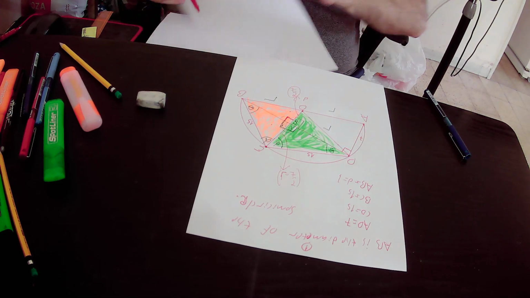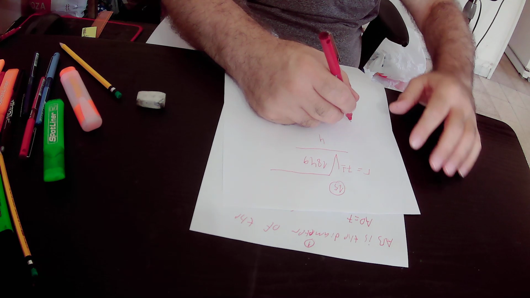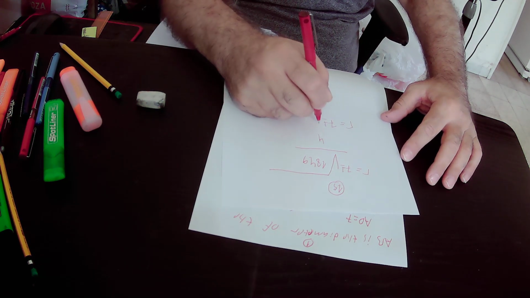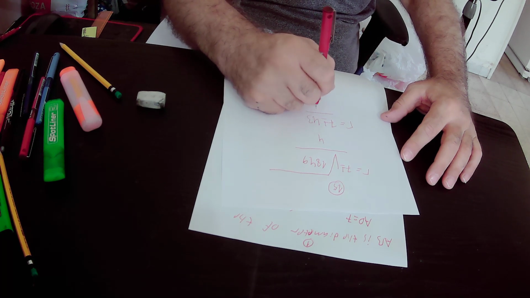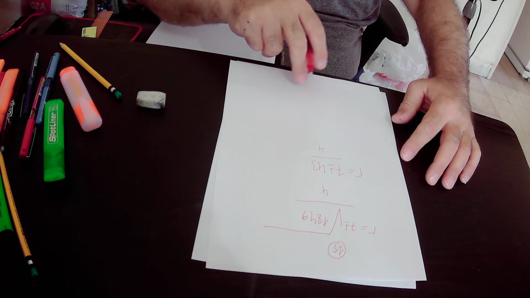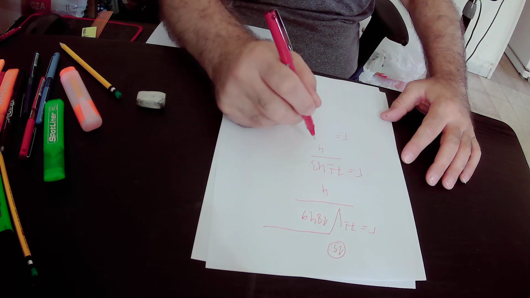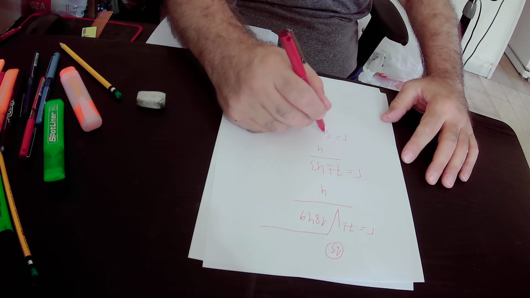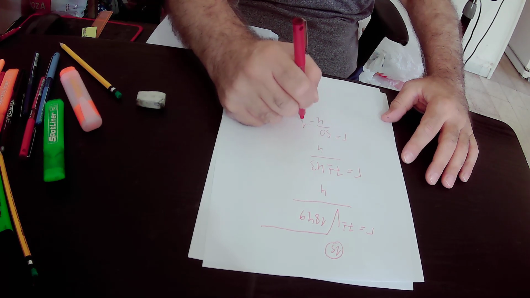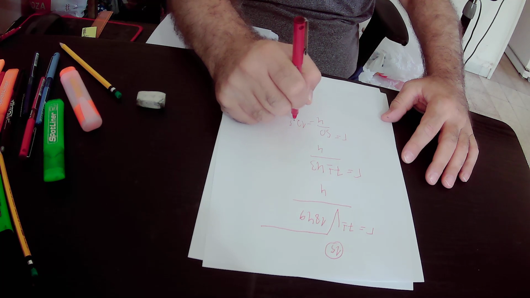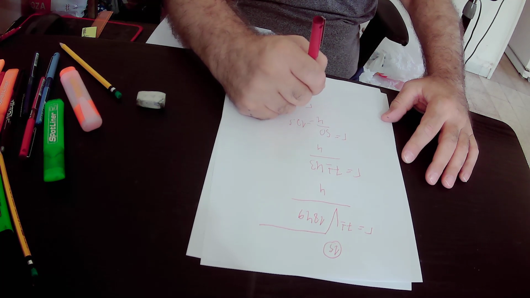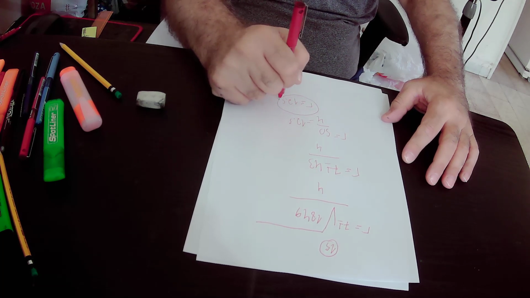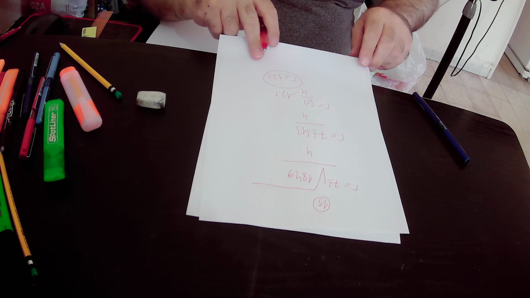So we will get that r equals 7 plus minus 43 over 4. So we have one solution: r equals 43 plus 7 is 50, and 50 over 4 is 12.5. We got one solution that states that r equals 12.5 units.